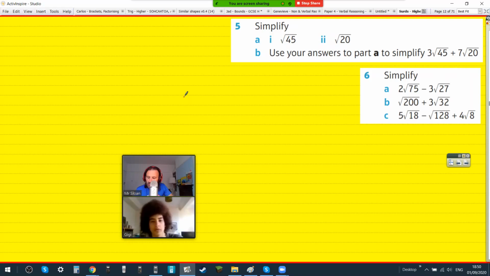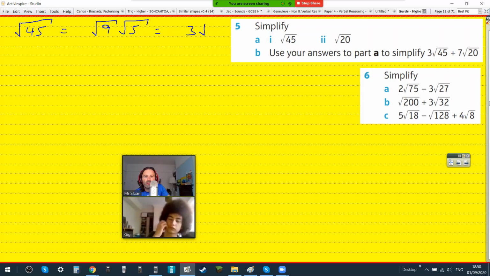So root 45 is, 45 can be simplified to 5 root 9. One step at a time. So root 9 root 5. Root 9 root 5. Which is the same as? 3 root 5. Yes. You said 5 root 9 a second ago.